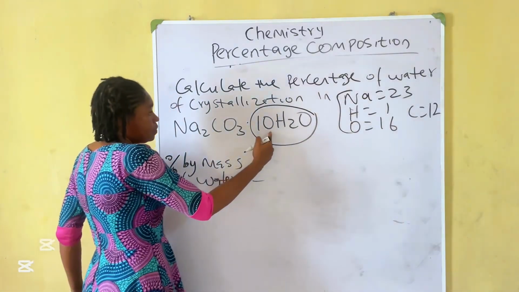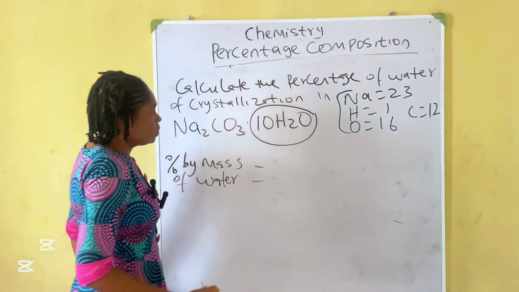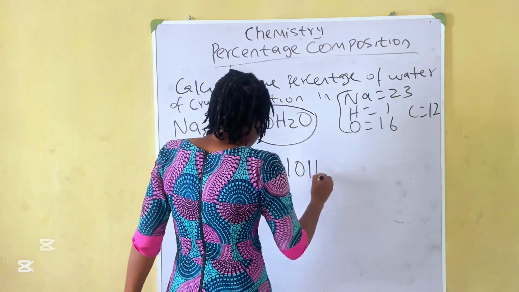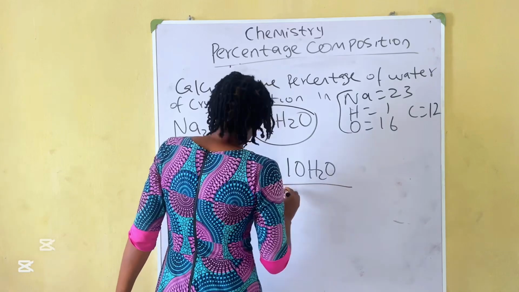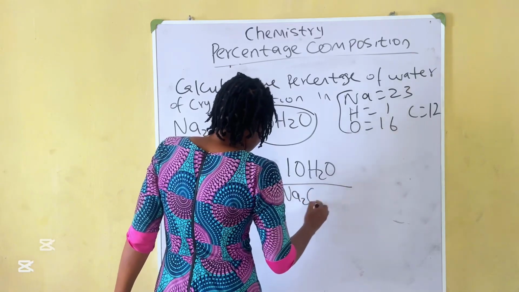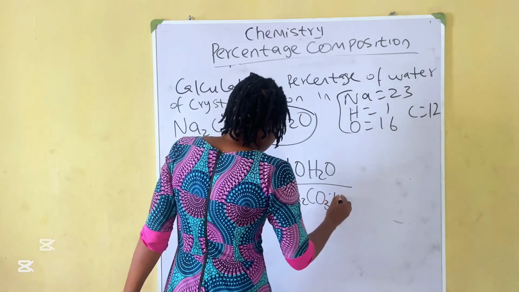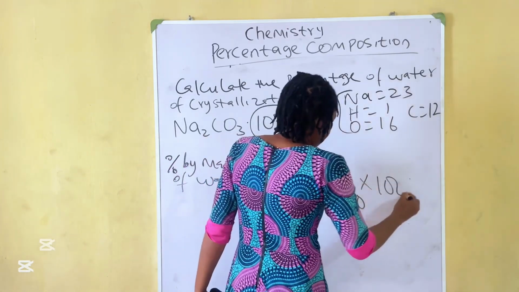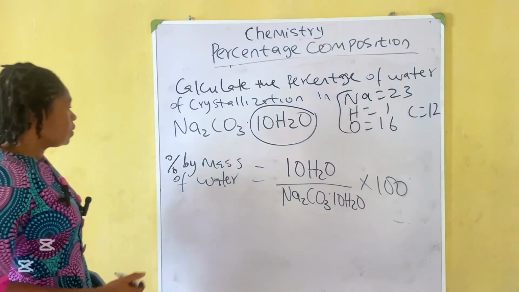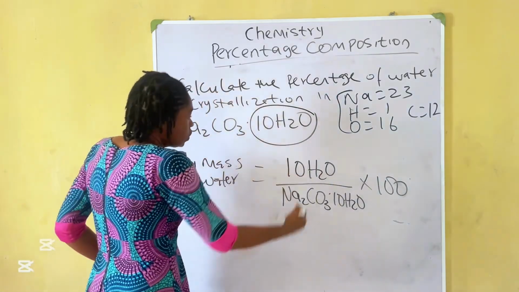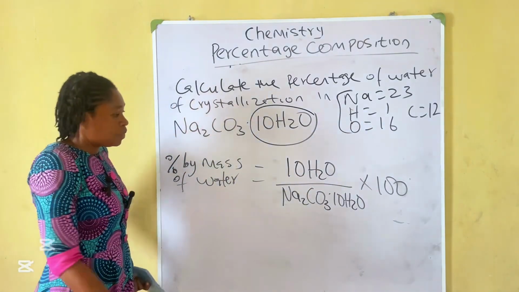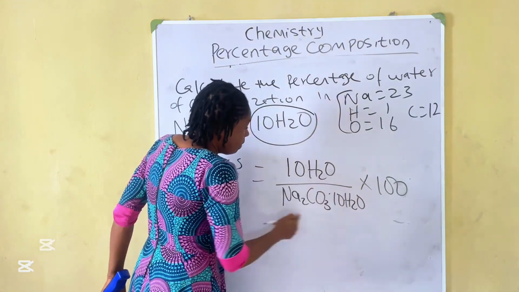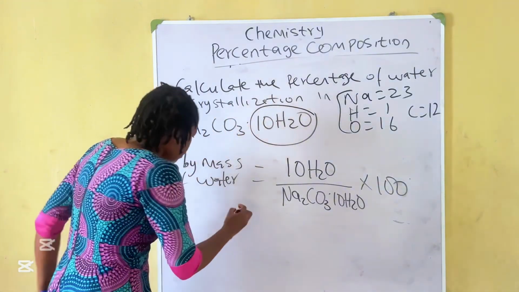so this is the formula. This is 10 molecules of water divided by the relative molecular mass of the compound, times 100.